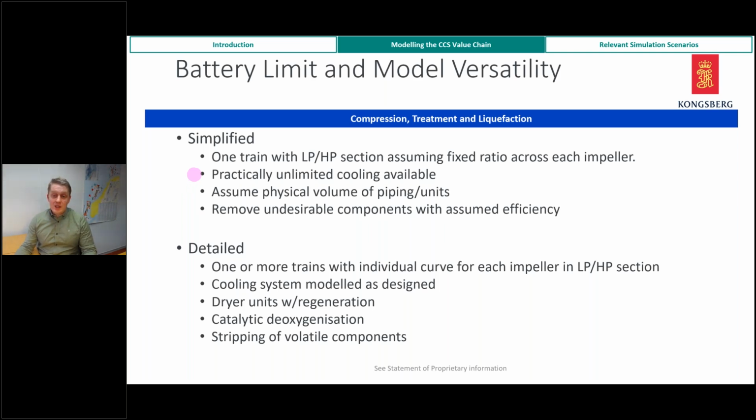You can assume almost unlimited cooling, and more importantly, assume volumes in the system, because now you can get blowdown scenarios with relatively accurate volumes, at least. Of course, it's not the full detailed model, but it gets you going. And again, you can get data early in the process. So even when it comes to these more complicated parts of the plant, you can start out with a simplified model and make it more detailed as you go along.